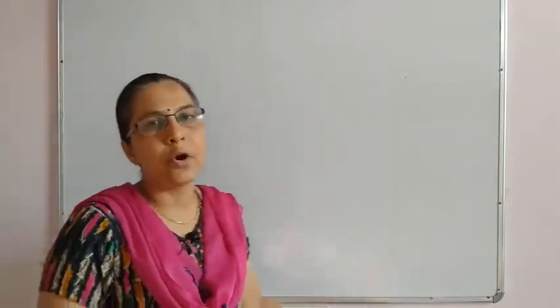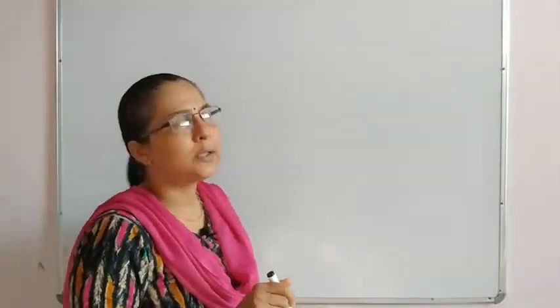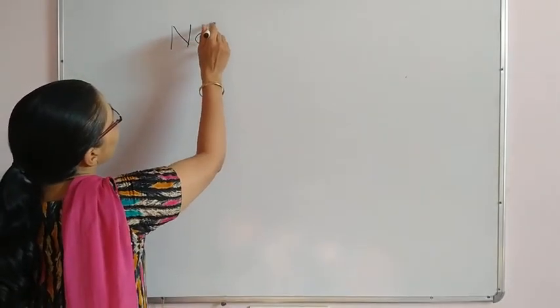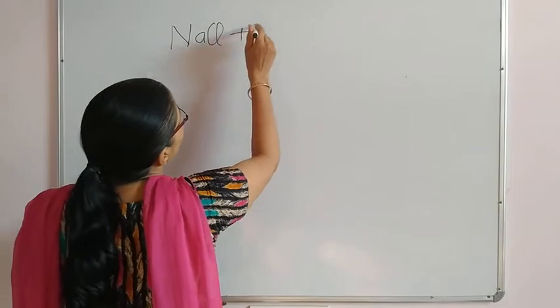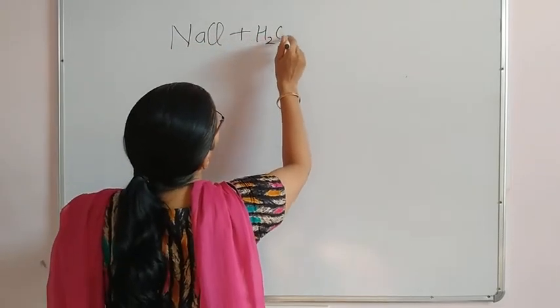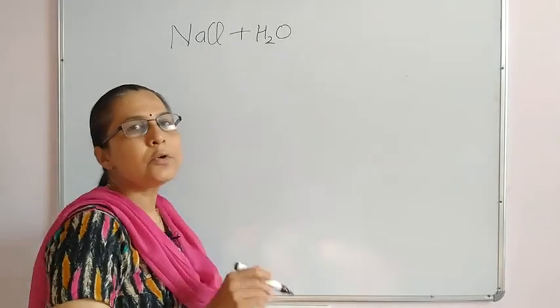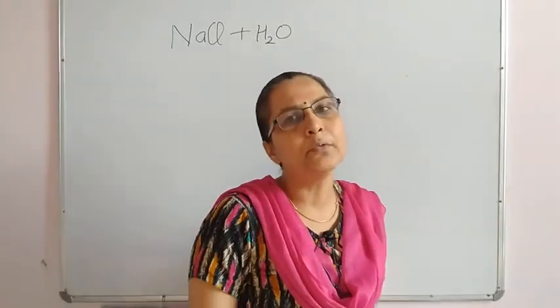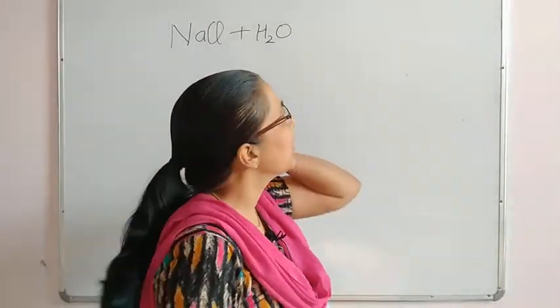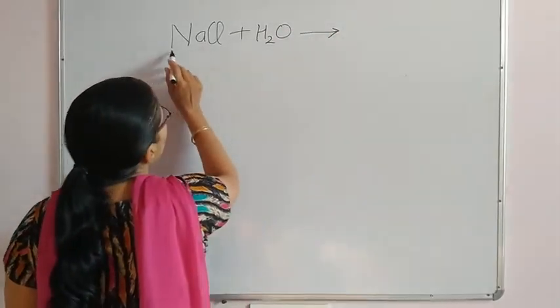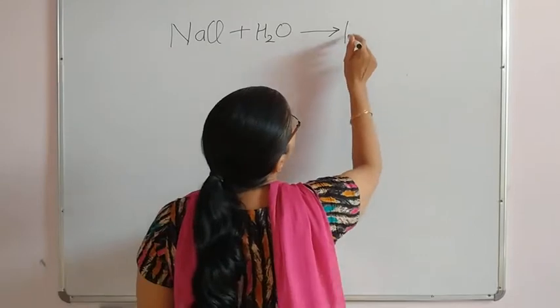So what is common theoretically among them? When we dissolve NaCl in water, ionization or dissociation will take place. All three categories of compounds are good ionic compounds. When they dissolve in water, their cation and anion will be separated.